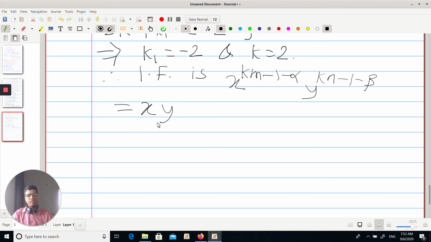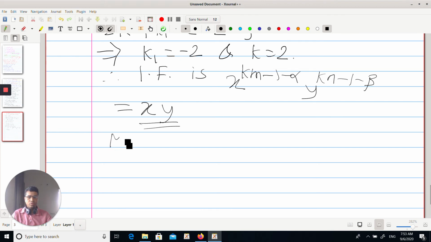So this is our integrating factor. You can also check that this is the same as x raised to k1 m1 minus 1 minus alpha 1, y raised to k1 n1 minus 1 minus beta 1. So this is our integrating factor.